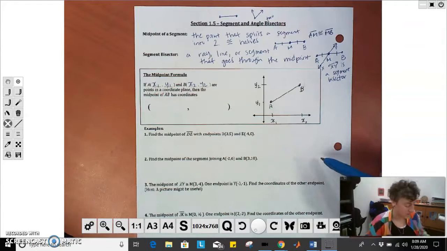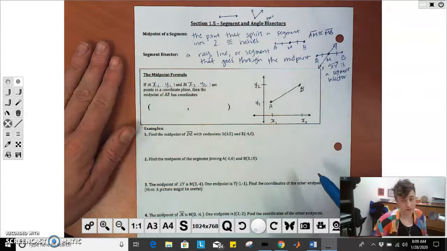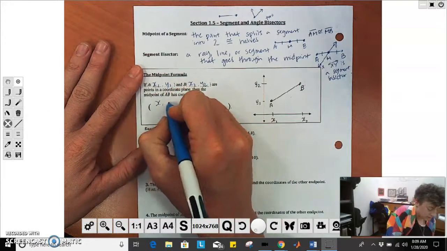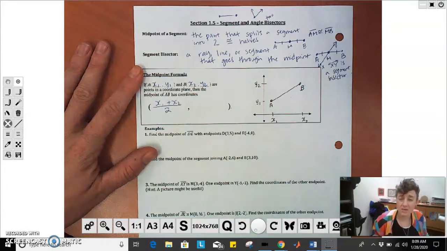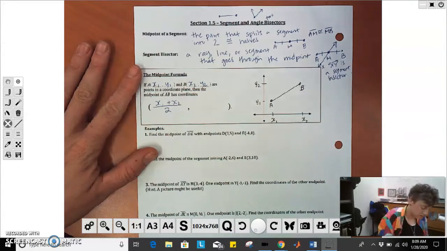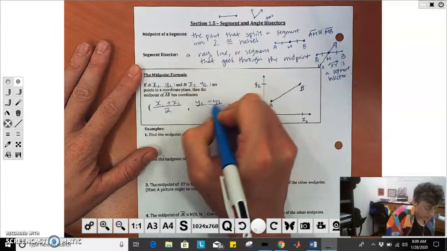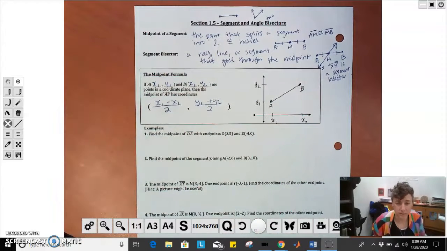We can find the midpoint if we add up the x's, divide by 2, add up the y's, divide by 2. x1 plus x2 divided by 2 will be our new x coordinate of the midpoint. And y1 plus y2 divided by 2 is our new y coordinate of the midpoint.